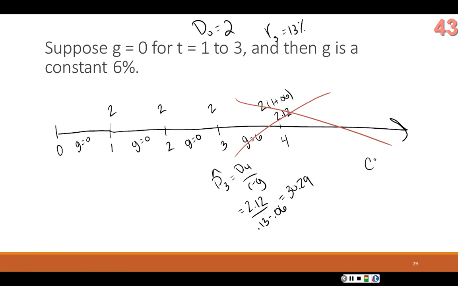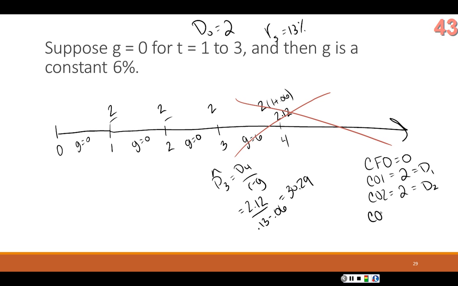So we push the cash flow button. Cash flow at time period 0 is 0. Cash flow at time period 1 is $2. Cash flow at time period 2 is $2. This is dividend 1 and dividend 2. These are the only cash flows that occur at these times.